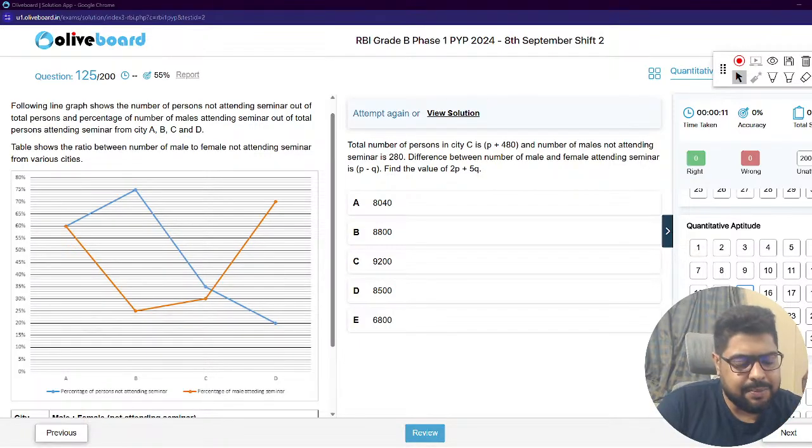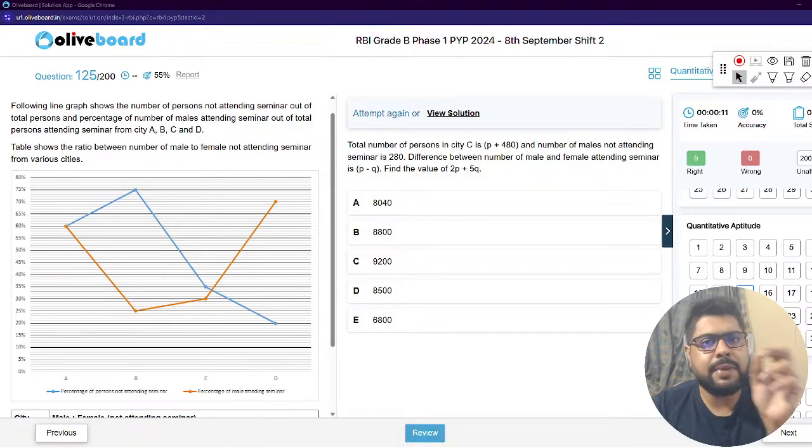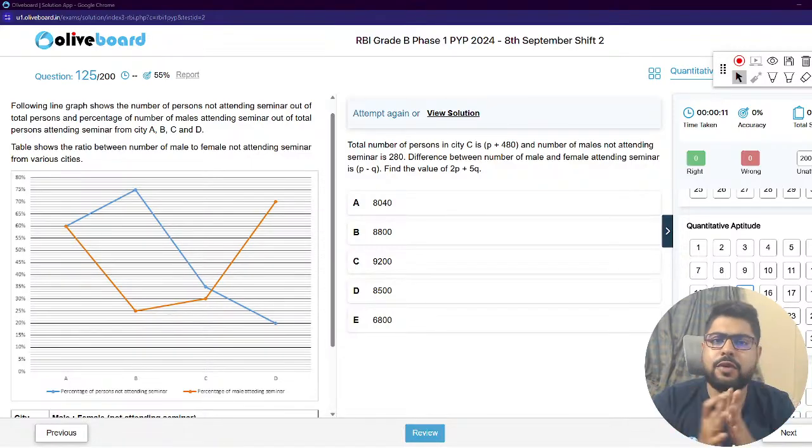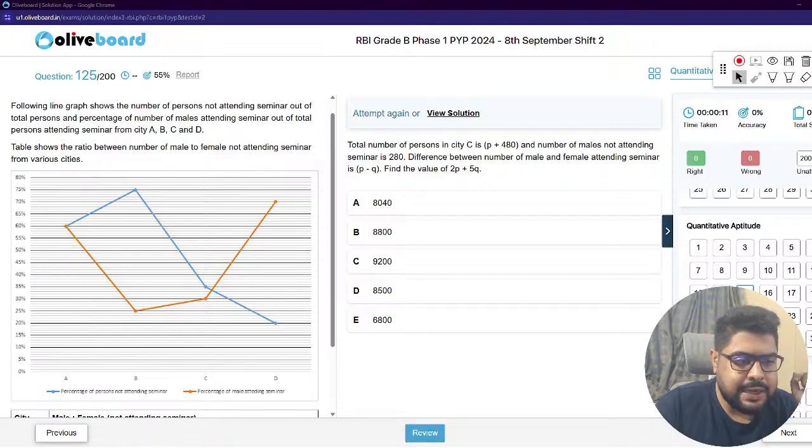The total number of persons in city C is P plus 480. Now, for those not attending, I will try to figure out the information from here. Not attending, in the blue graph, is 35%.